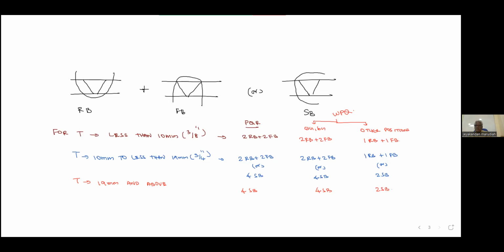Now, how we will conduct a bend test? So this is the bend test to use.